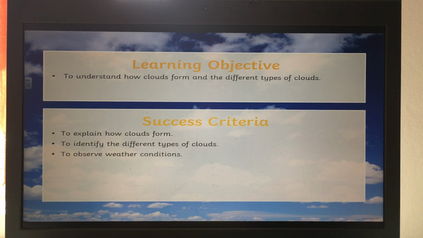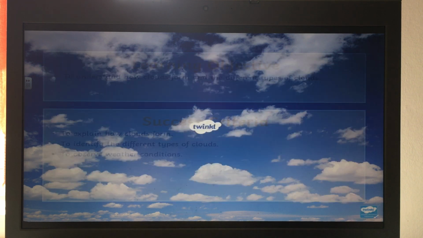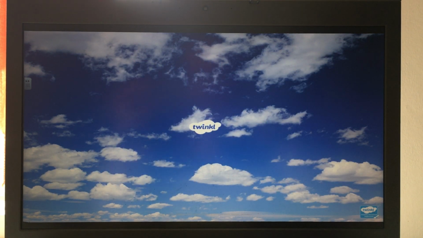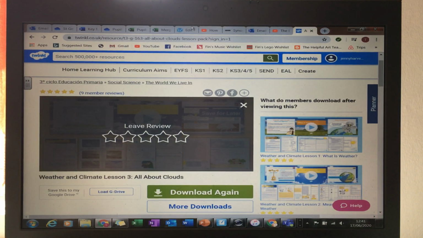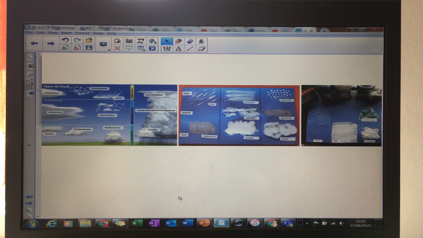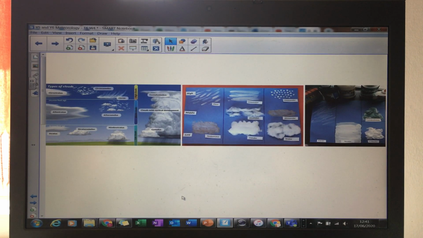Okay, did we meet the learning objective? So you understand how clouds form and you've had an introduction to the different types of clouds. Now, your activity, let me just show you. Your activity today is to come up with your own diagram.